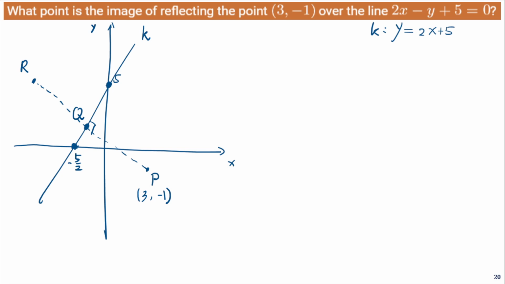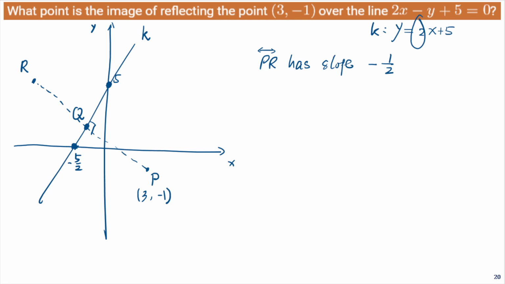The slope of K is 2. Then the slope of PR must be -1/2, right? Because their product must equal -1. Therefore, R is on the line through P with slope -1/2.